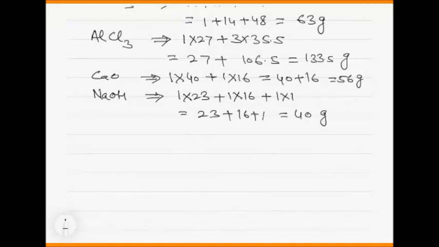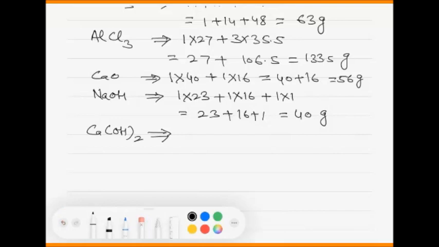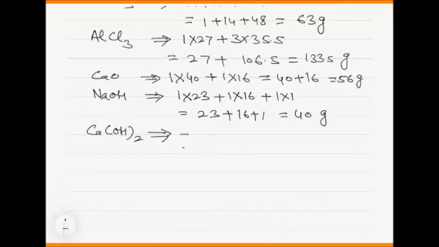After sodium hydroxide, we go for calcium hydroxide, Ca(OH)2. Now in case of calcium hydroxide, Ca is 1 into 40 plus, now this 2 is for the whole bracket, so remember this. That's why we write 2 into O is 1 into 16, H is 1 into 1.